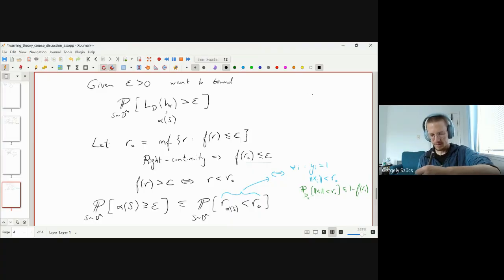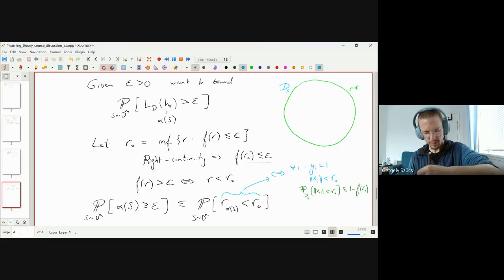So let's see, we have this correct circle R star, and then we have our distribution D, which is just a distribution on the plane. And then we were trying to pick R0.